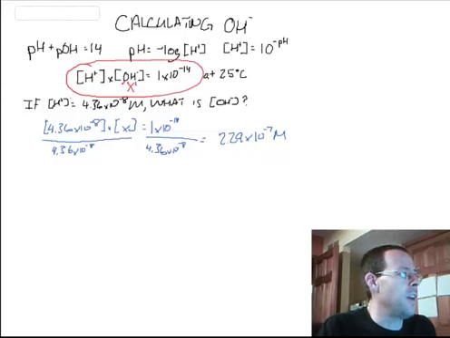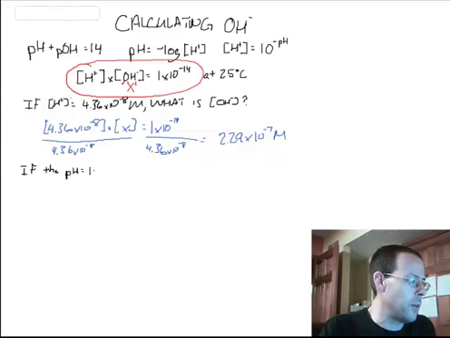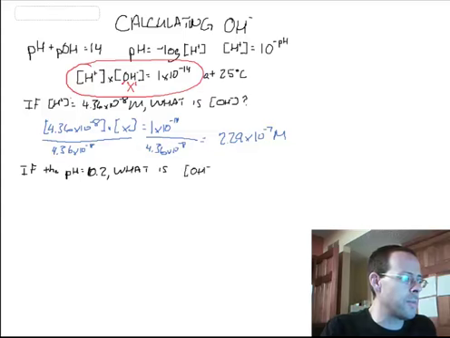Okay? The other way I can ask this is kind of the two-part problem. So if I say if the pH equals, and let's say the pH is going to be 10.2, so it's a pretty basic solution. 10.2, what is hydroxide concentration? So same question, but we're just starting with a different thing to begin with.